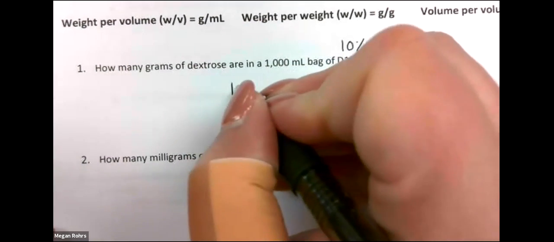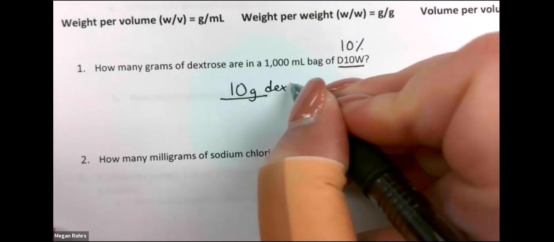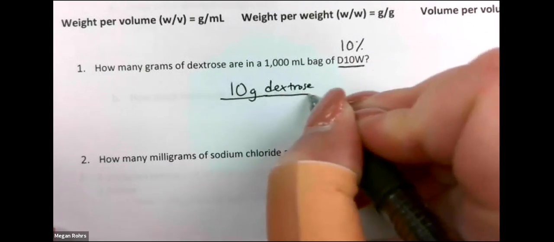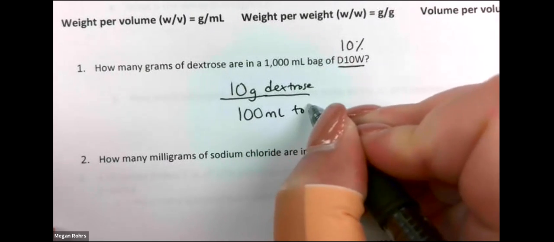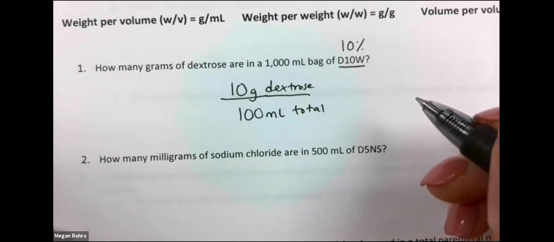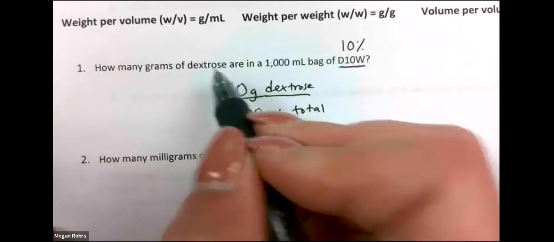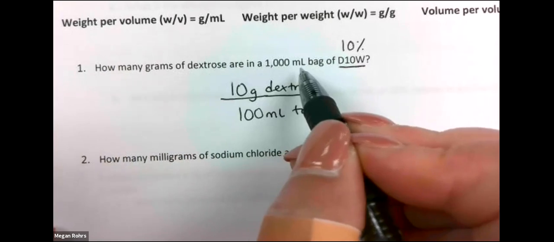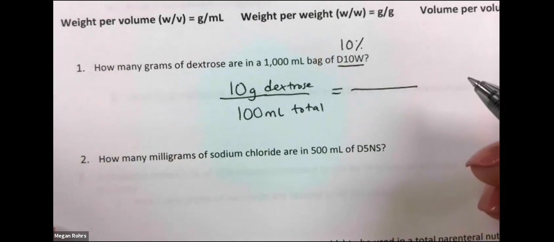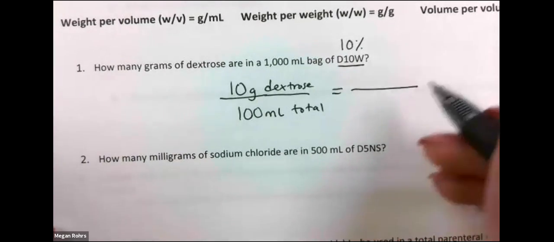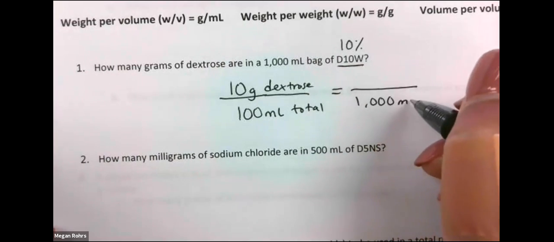We know that there's 10 grams of dextrose in 100 mils of total solution. Now it says, how many grams of dextrose are in 1,000 mils? Well, the easiest way to do this is with ratio and proportion. I know mils has to stay on bottom here, so 1,000 mils.